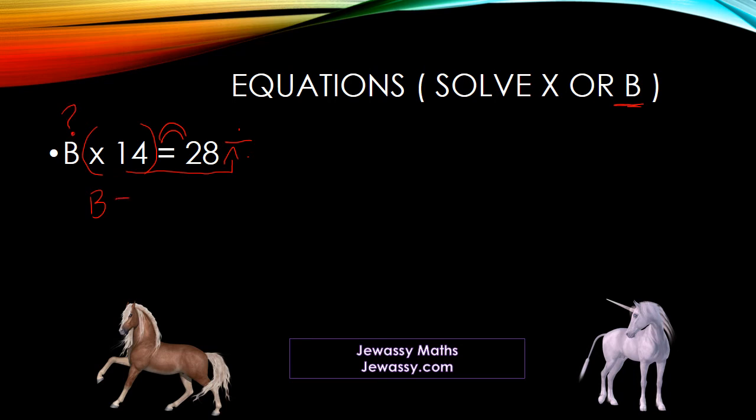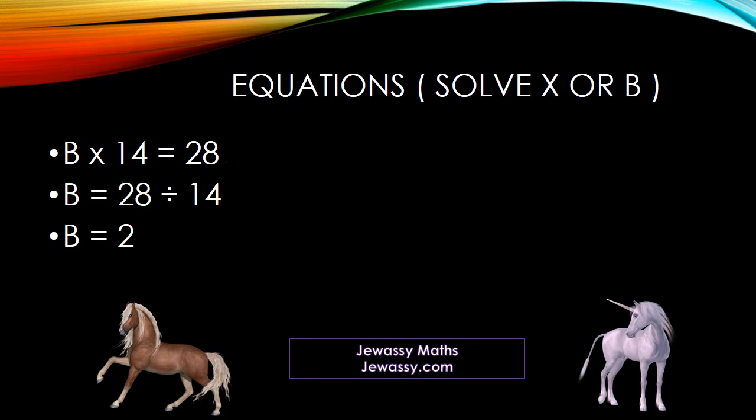So we get equals, and we've got 28 divided by 14. So we know that our B is equal to 2. Very nice. And if we take that back into the sum, 2 times 14 is 28. So we know it is correct. Excellent.